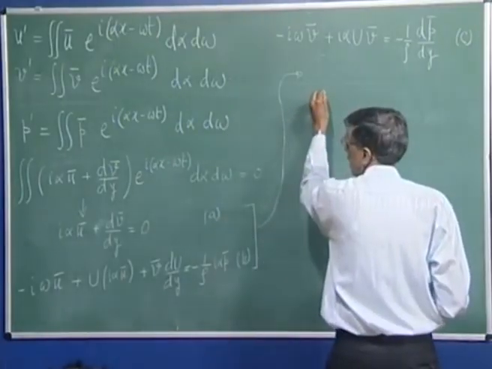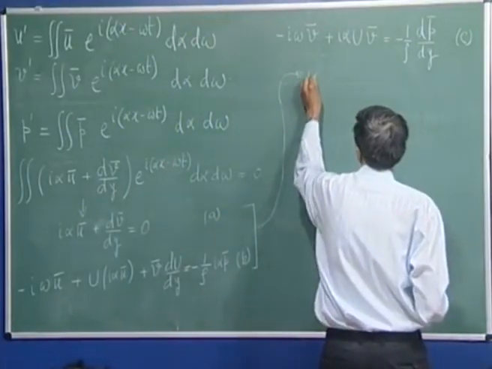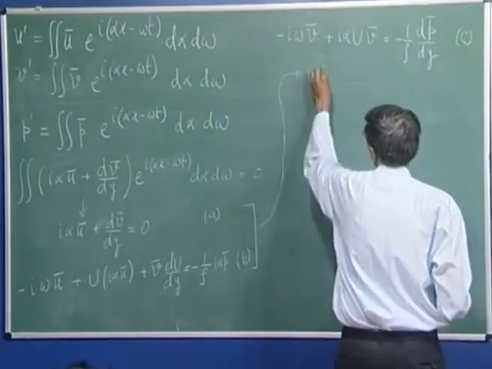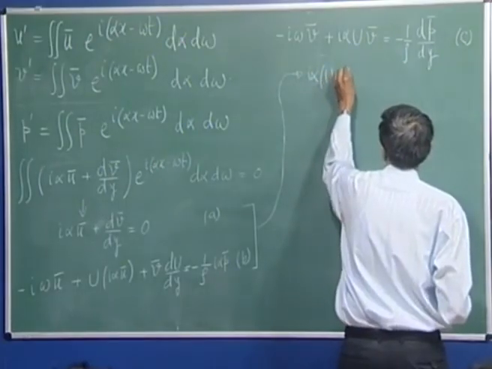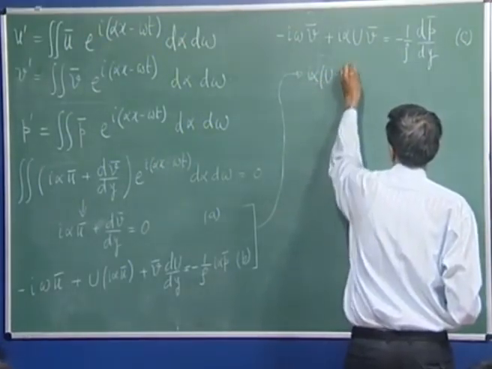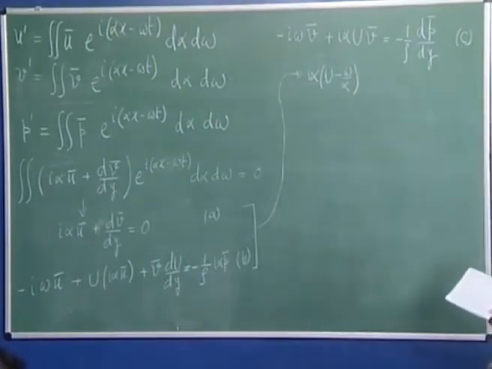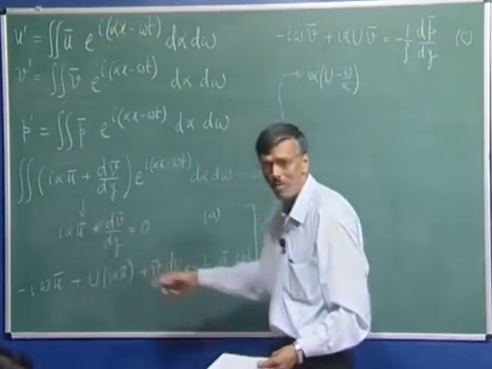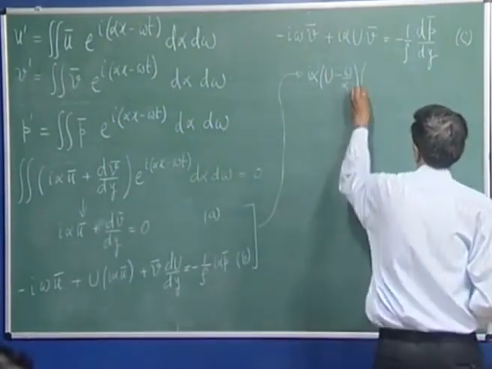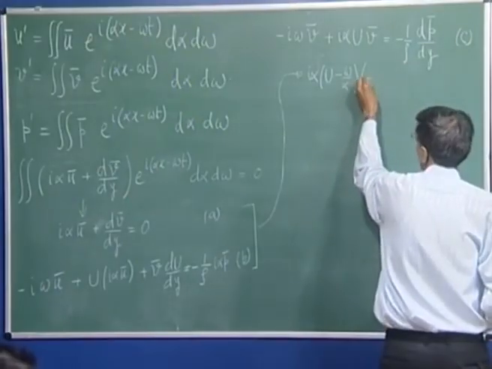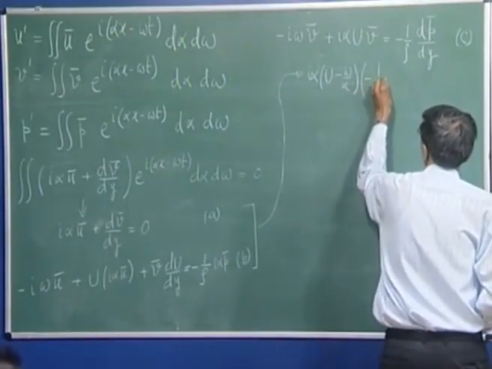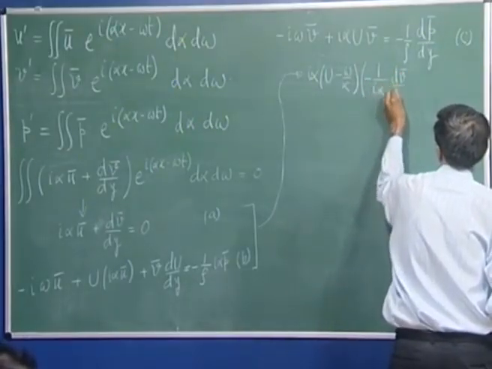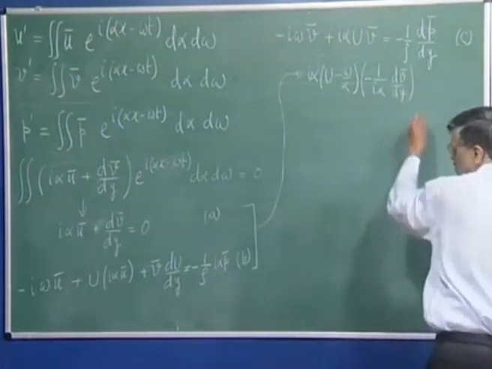If I write I alpha, then what do I get? U minus omega by alpha into U bar. See, there is this U bar, and from here I have found out what it is. So I will write that U bar is minus 1 upon I alpha times dV bar dy. That is that term.